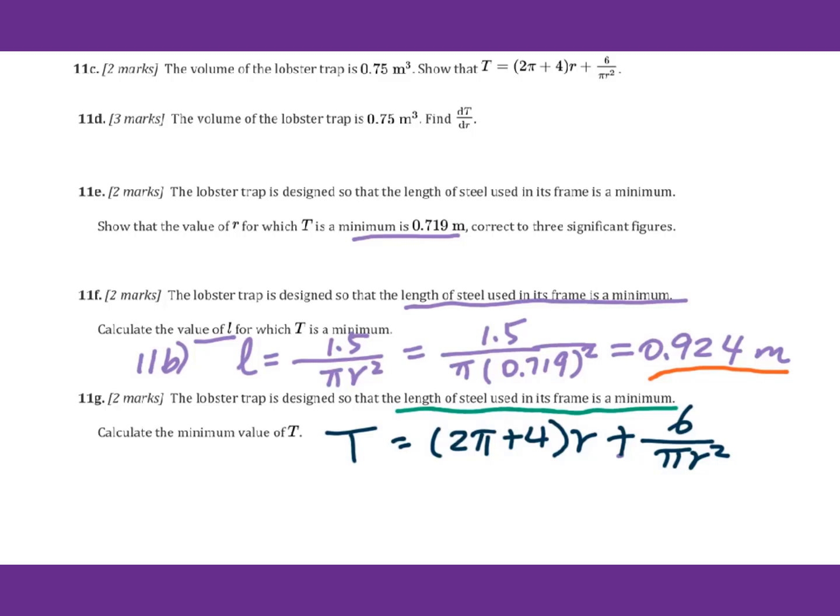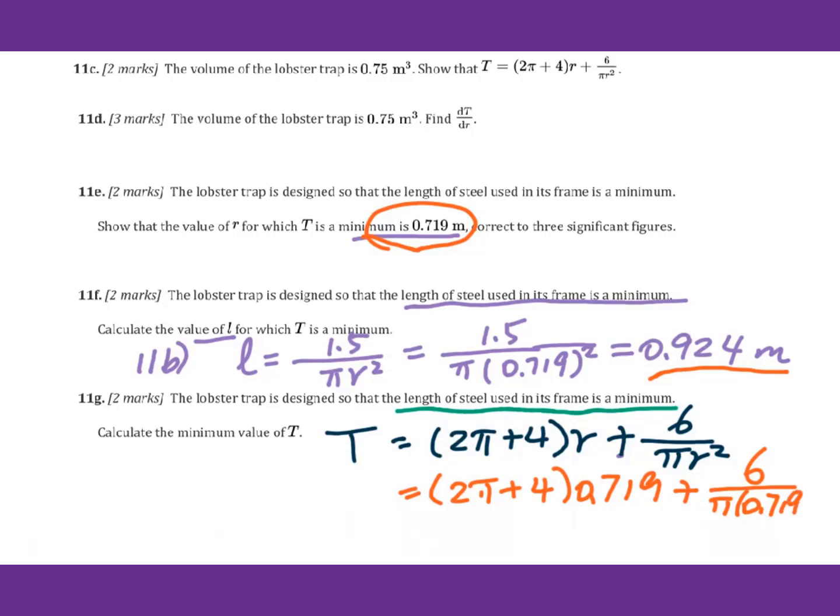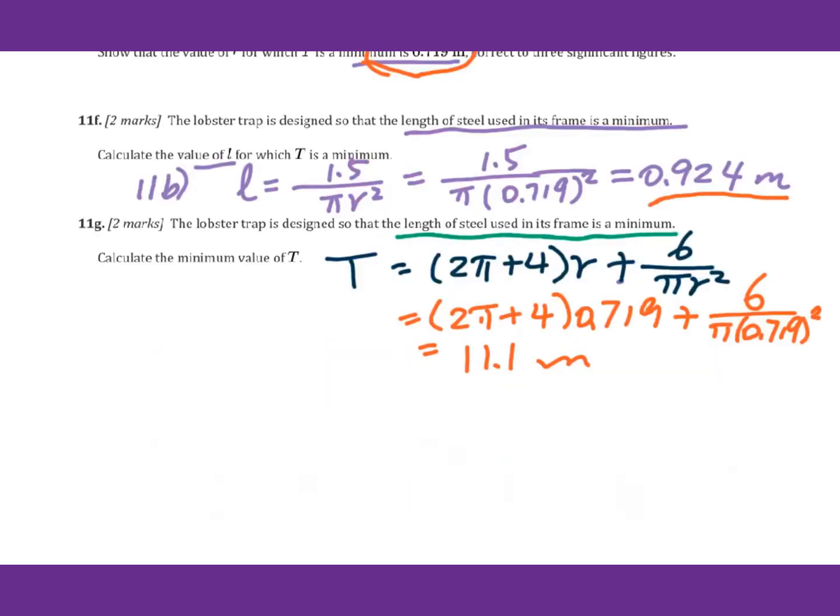We know r equals 0.719, so we plug in 2 pi plus 4 times 0.719 plus 6 over pi times 0.719 squared. The answer will be 11.1 meters.